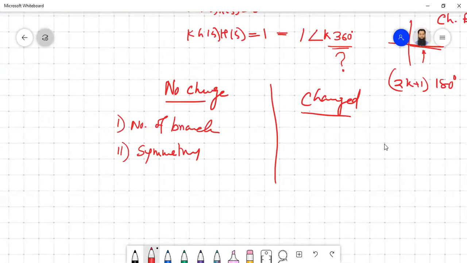Number 3, real axis segment, will be changed. For rule 3, the real axis segment formula was to the left side of an odd number of poles and zeros. It will now be to the left side of an even number of poles and zeros.